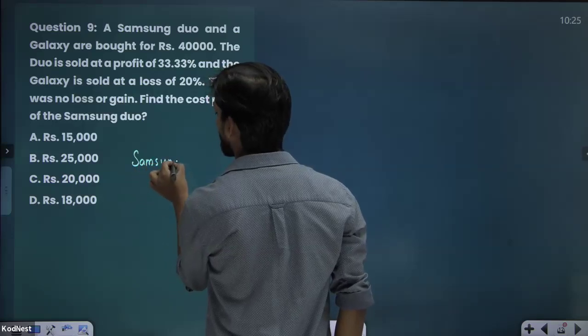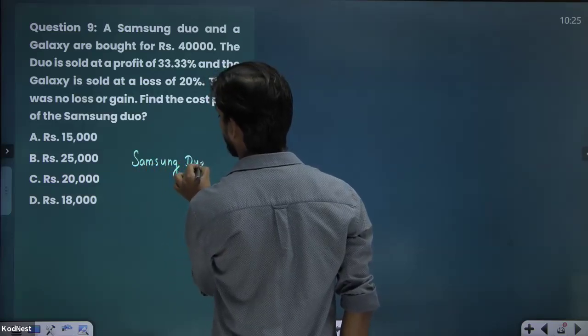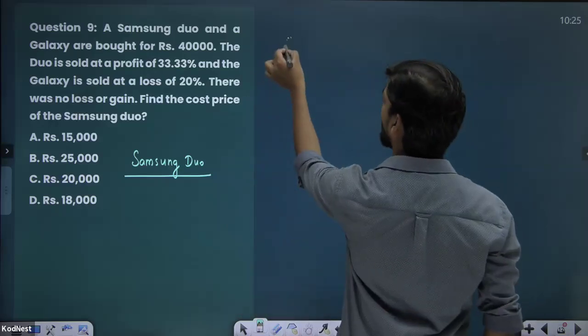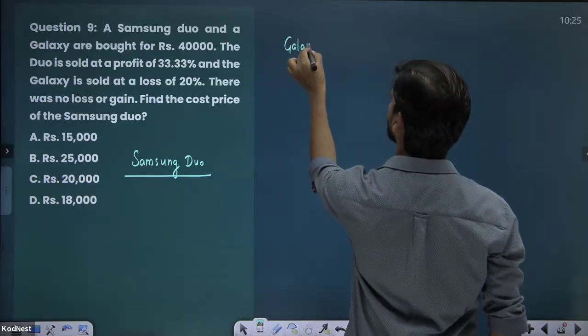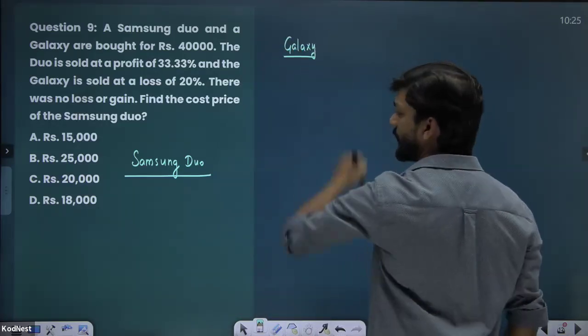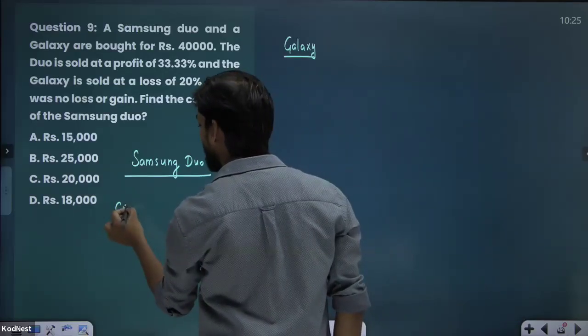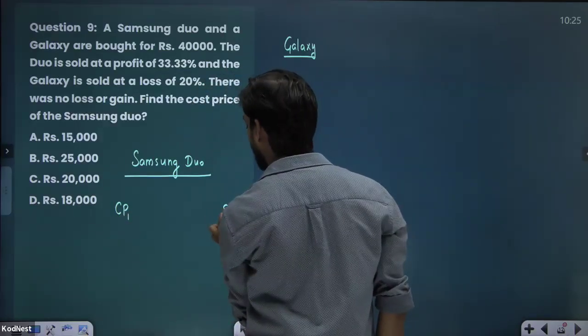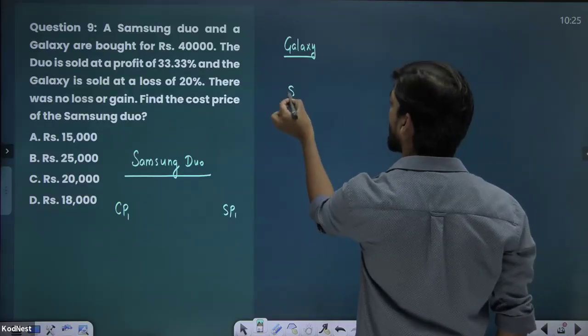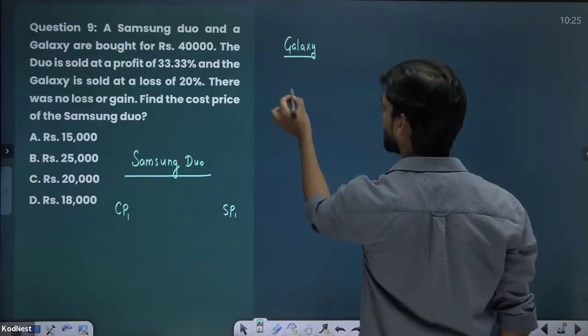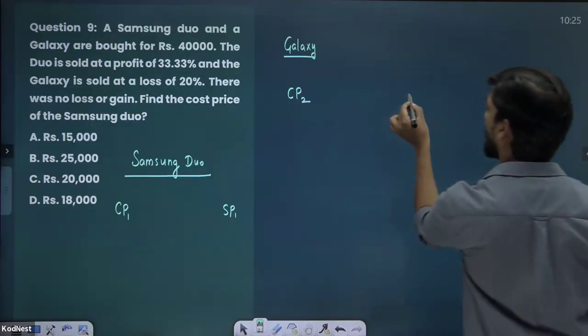One product is Samsung Duo and one is Galaxy. Samsung Duo I am writing as CP1, SP1. And Galaxy I'm writing as CP2 and SP2.